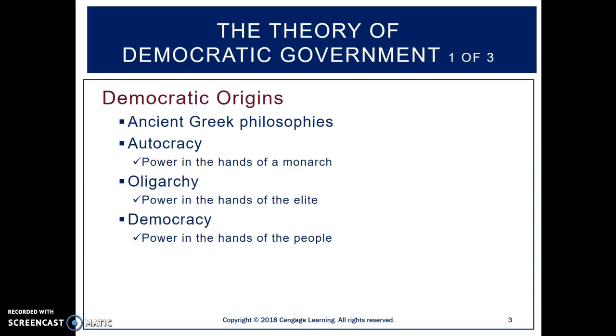So for instance, in an autocracy you have power in the hands of a single individual: a monarch, an emperor, something along these lines. In an oligarchy you have a system of government in which a few people have power.